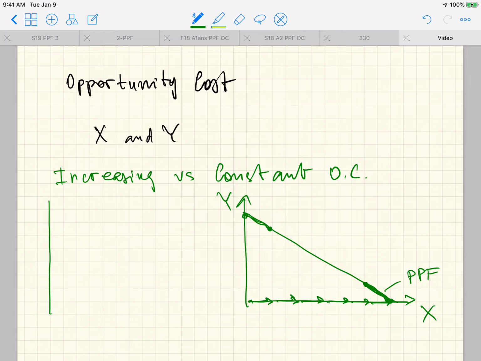If you go back to this nonlinear PPF, then you can notice that when you're just starting production of good X, so from here where you have 0 good X, and keep going to the right, increasing your production of good X, then opportunity cost is actually getting larger because the slope of this segment is getting steeper and steeper.